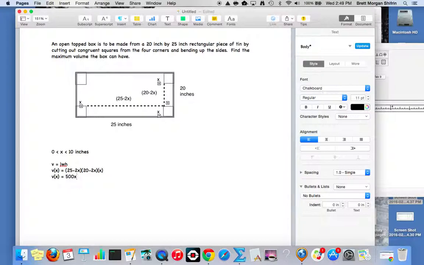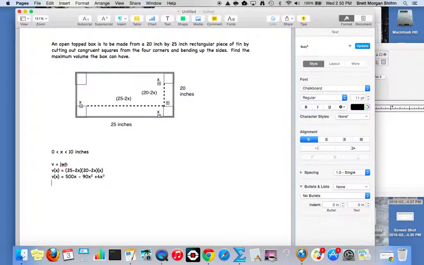I'll get 500x minus 2x times 20 is 40x, 25 times 2x is negative 50x, for a total of 90x. But I'm going to multiply it by x, so it's x squared. And now I'm going to take negative 2x and negative 2x, which becomes positive 4x squared, times x, means it becomes cubed.